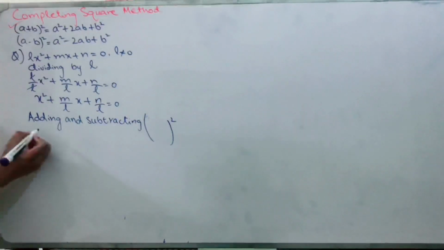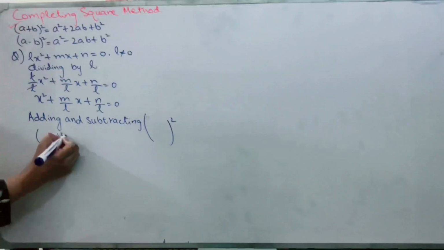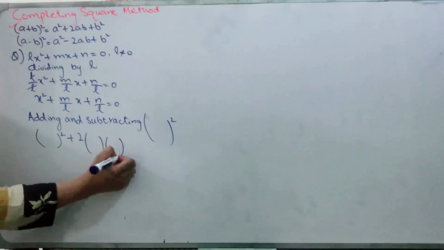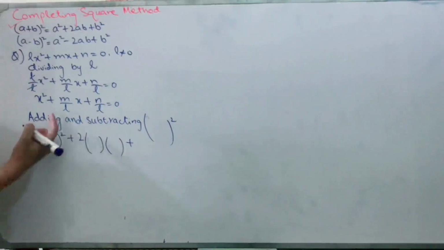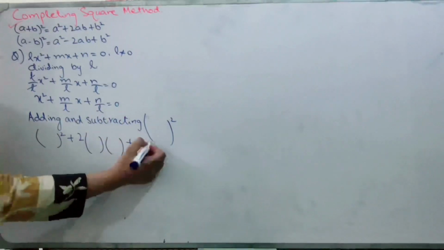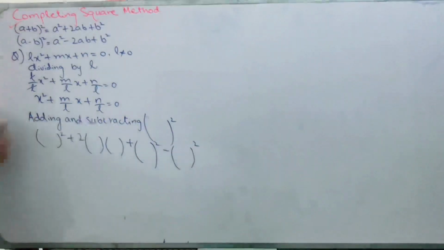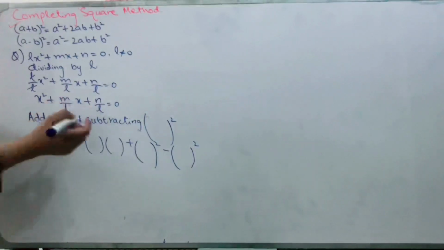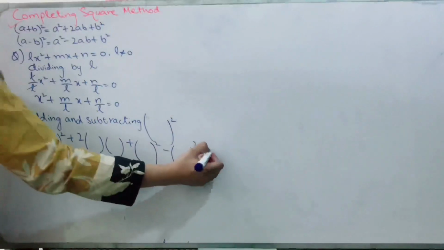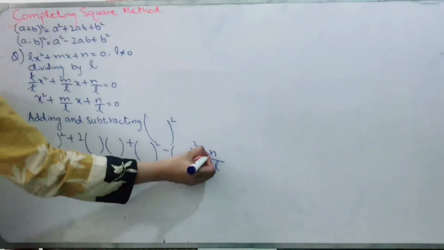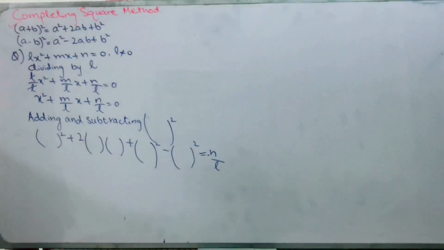In the next step, a square plus 2ab plus, now I am adding and subtracting. Take this constant term to your right hand side. Here it is positive, when it goes there it becomes negative, right?